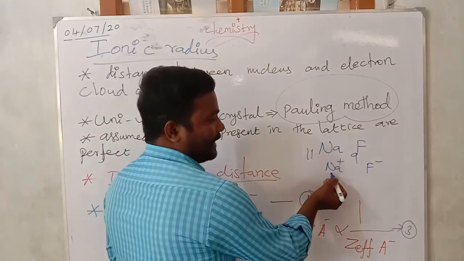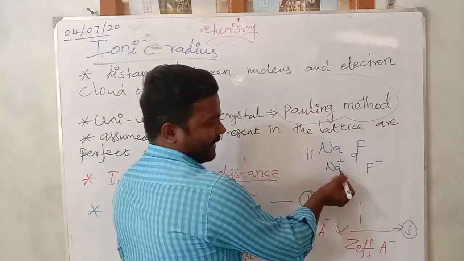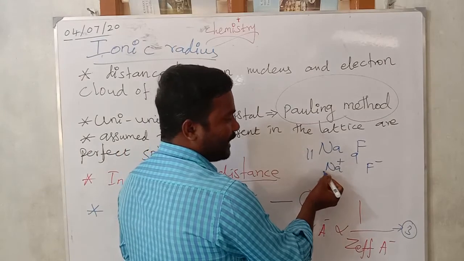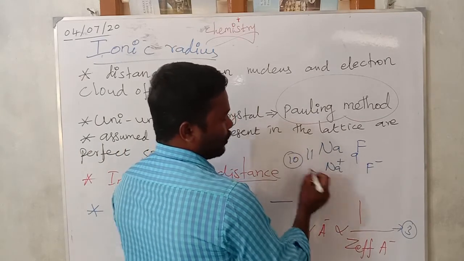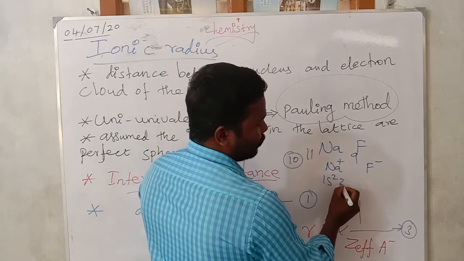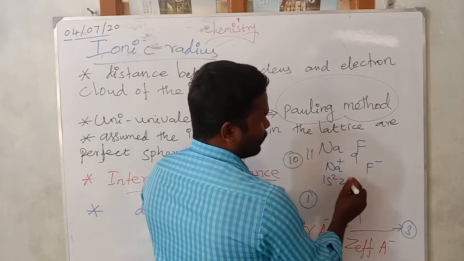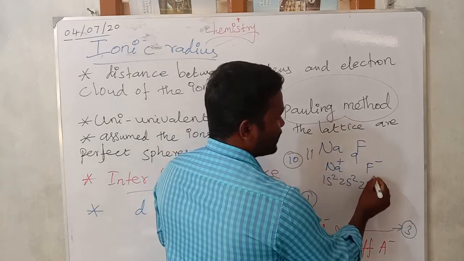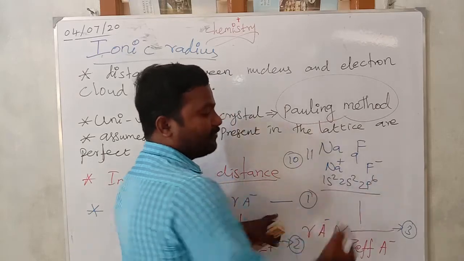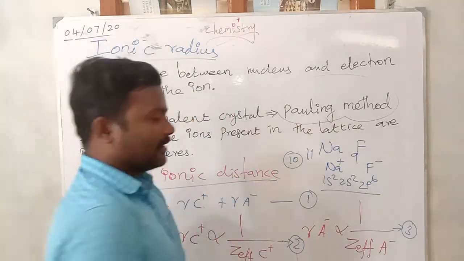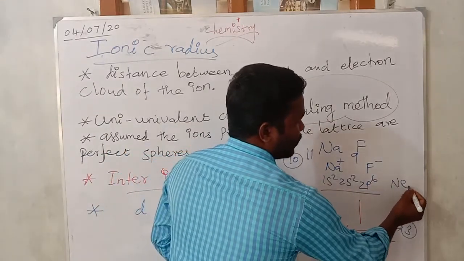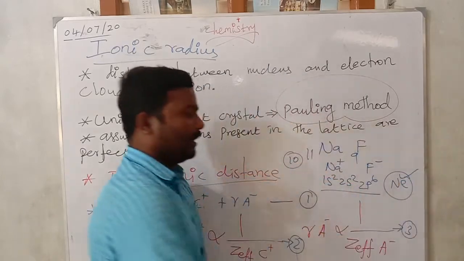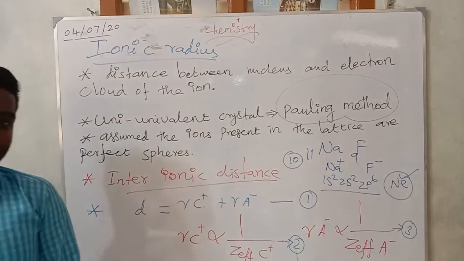Na is 11. Na plus now has only 10 electrons. So how do you write it? 1s2, 2s2, 2p6. Completely filled electronic configuration. That is nothing but the electronic configuration of neon. Neon is nothing but an inert gas.